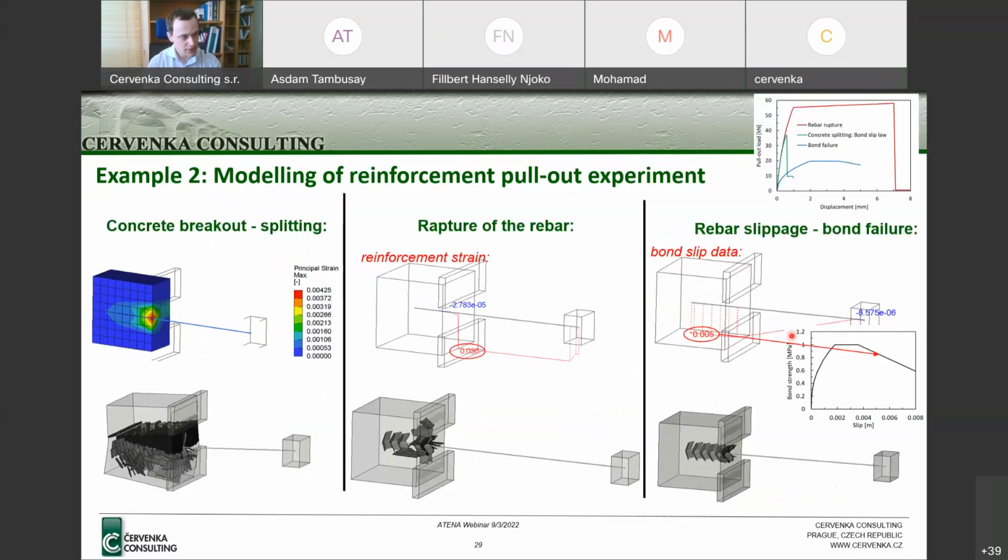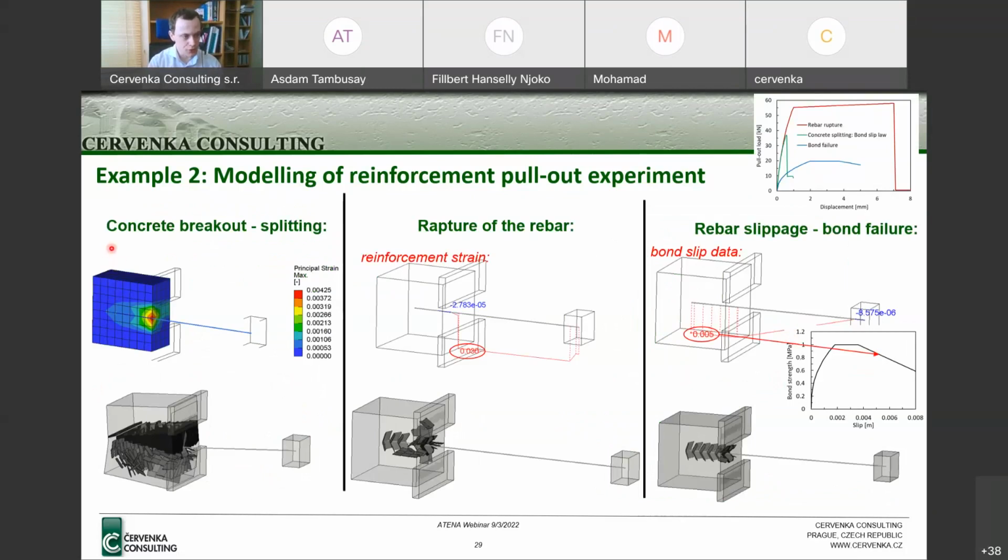To see what is happening in my model, for each failure mode I should observe a different variable. The most important ones will be the crack pattern and the deformed shape.